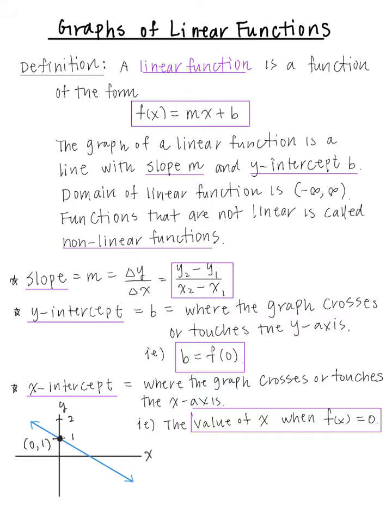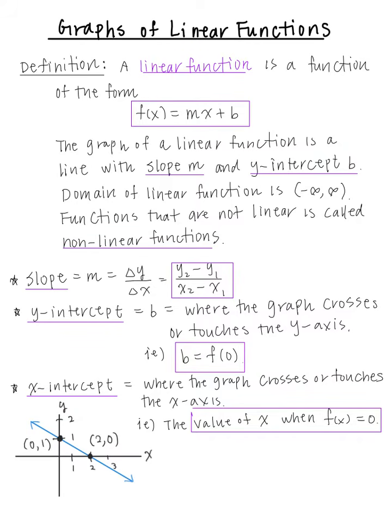Now the x-intercept is pretty much the same thing, but the x-intercept is where the graph is going to cross the x-axis. So let's just pretend this is 1 and maybe this is 2 and this is 3. So this point right here is when x is 2. Notice that at the x-intercept, your y value is always going to be 0 no matter what.